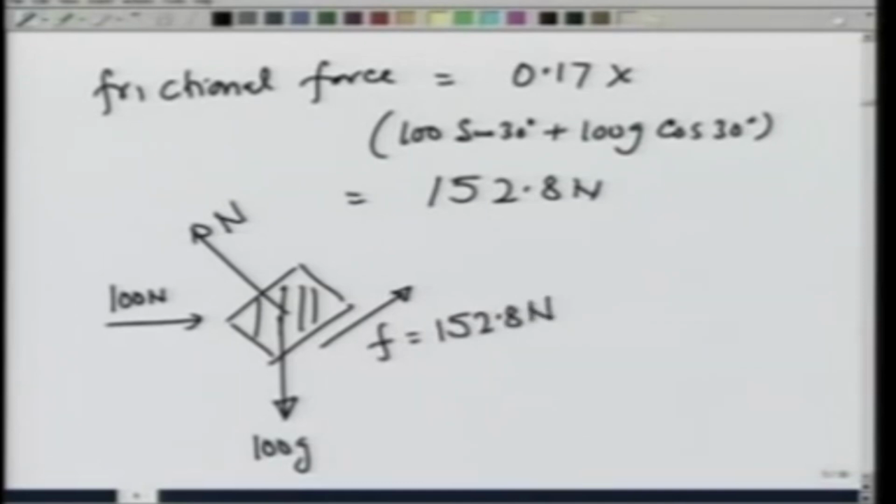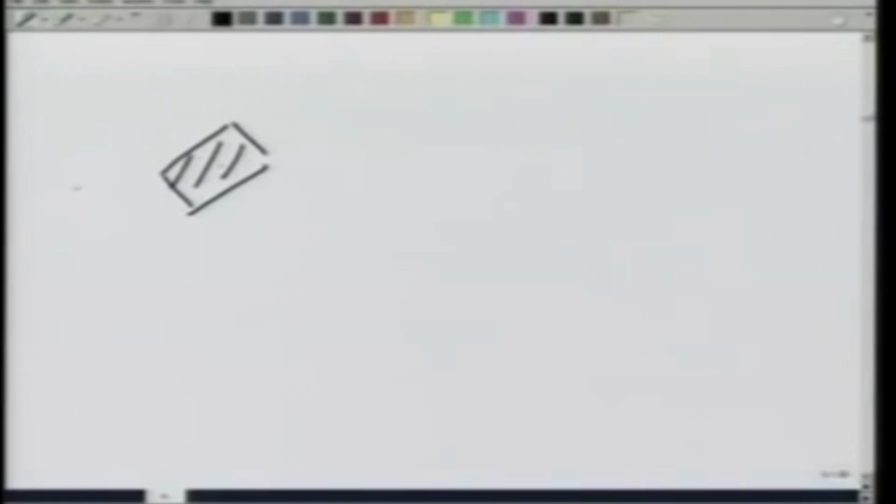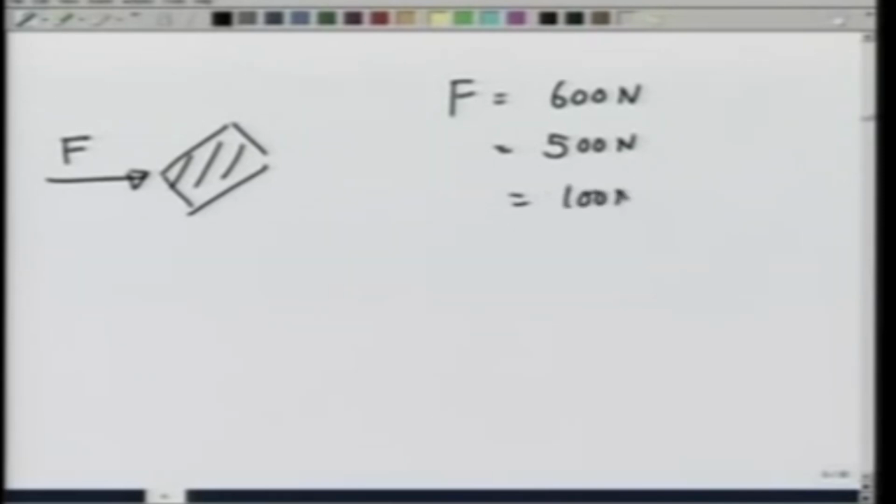152.8 newtons. As I said earlier, there is another way of doing this problem, and that would be that given this block and given this force F, which could be 600 newtons or 500 newtons or 100 newtons, calculate the force required to keep the block in equilibrium and calculate the maximum possible frictional force.